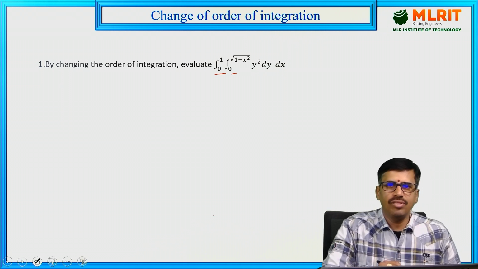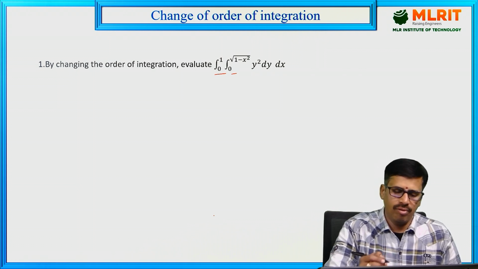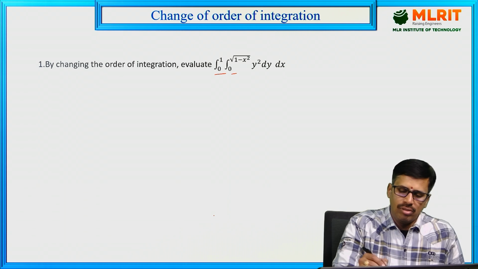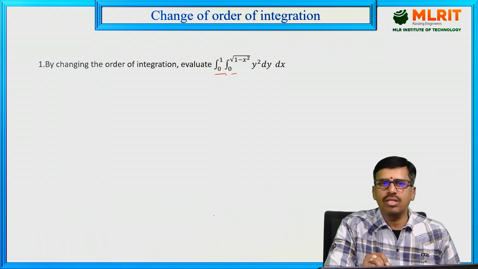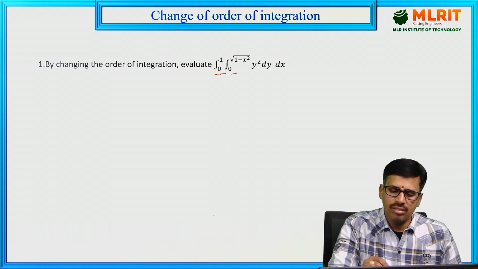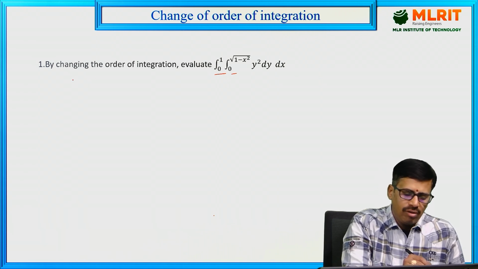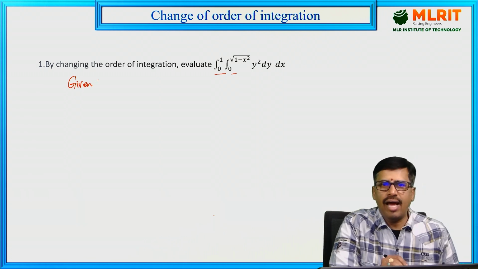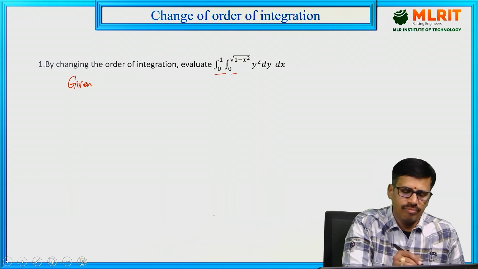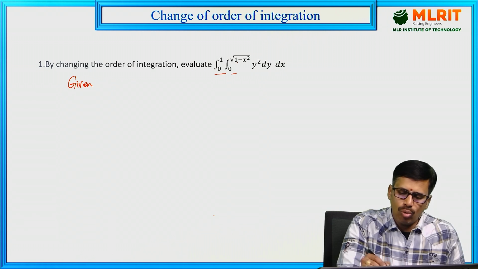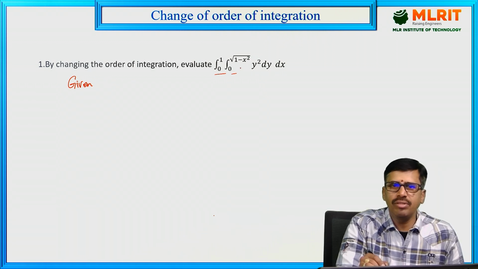Last lecture we have seen how to change the order of integration and evaluate the double integral, right? You can observe both x limits and y limits are given as 0. So first of all, write down what is given in the question, then let us see the graph of both x and y curves. So 0 to under root of 1 minus x square means these are y limits.